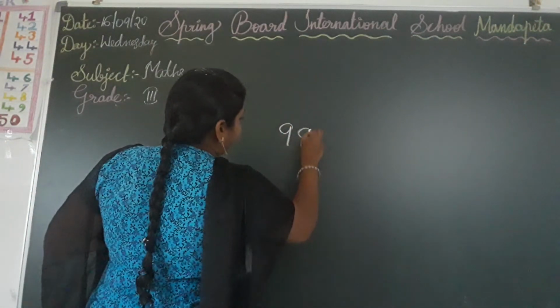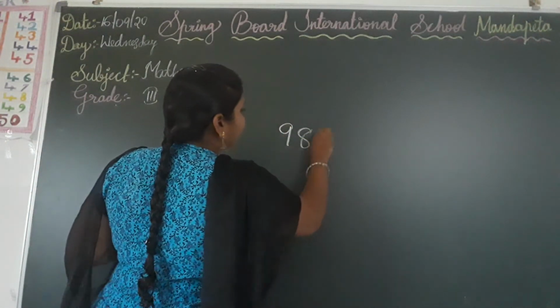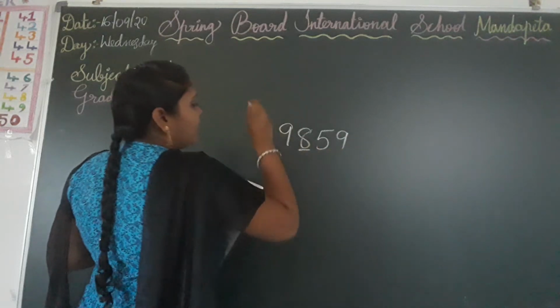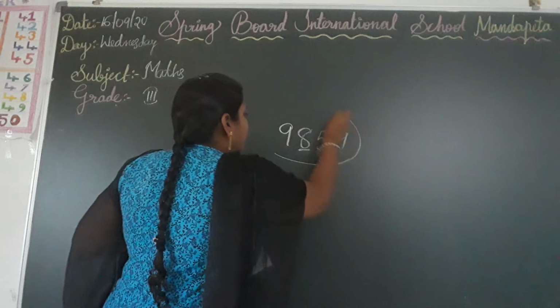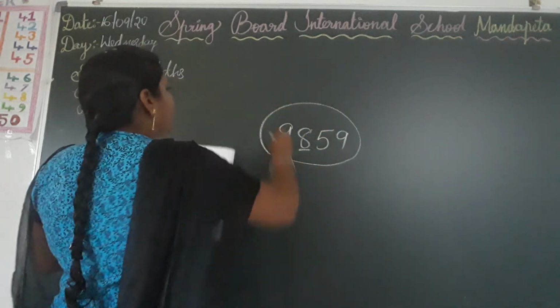So here it is the given number and here it is the colored digit. Here I underline this number.